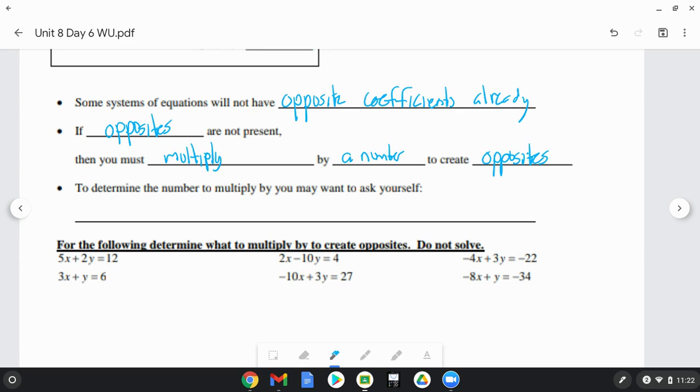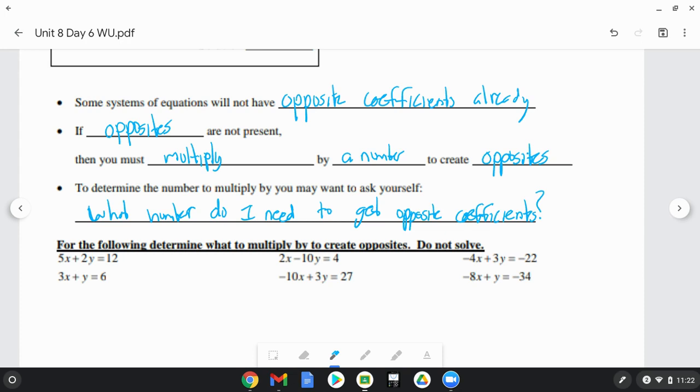And then to determine the number to multiply by, you want to ask yourself, what number do I need to get opposite coefficients? So let's take a look at some of these, okay?